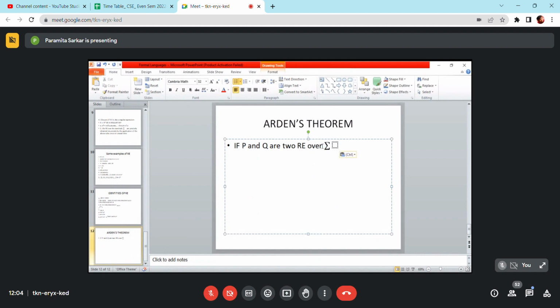So we have two regular expressions P and Q over sigma, and if P does not contain epsilon.